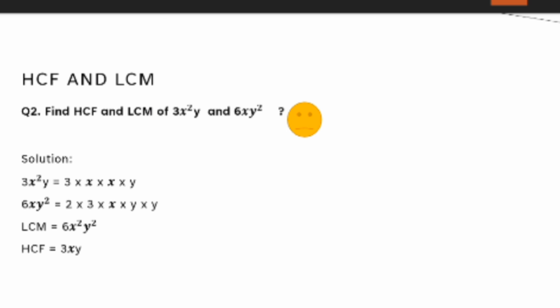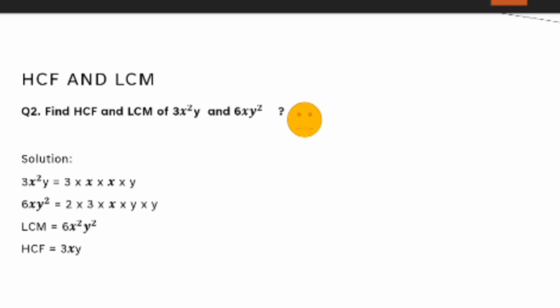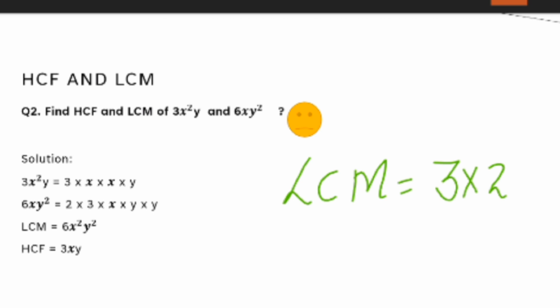For LCM, you already know that we are going to take common and uncommon both. So for LCM, we are going to take the common, which is 3, and uncommon also 2. And then x is common here, so I'm taking this x common. And then y is also common.